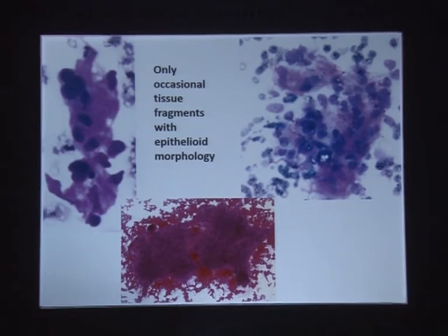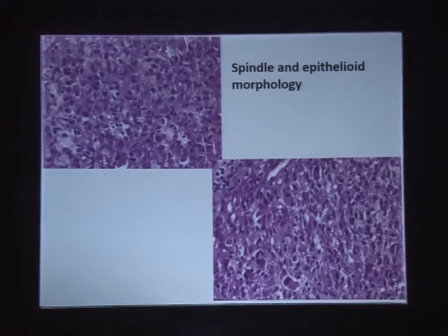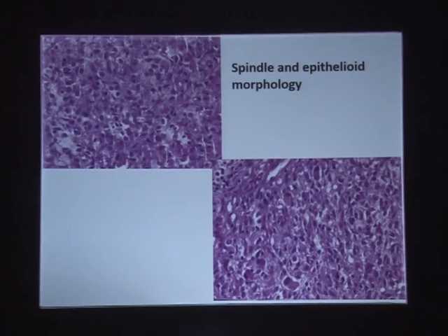Yet, we called this epithelioid GIST. And yes, we received a partial gastrectomy specimen which showed a submucosal tumor with a classical morphology. Somewhere they were spindle cells, but most of them were epithelioid cells.